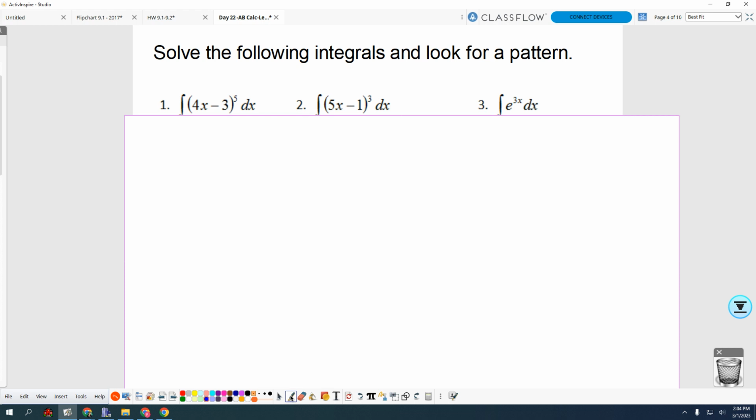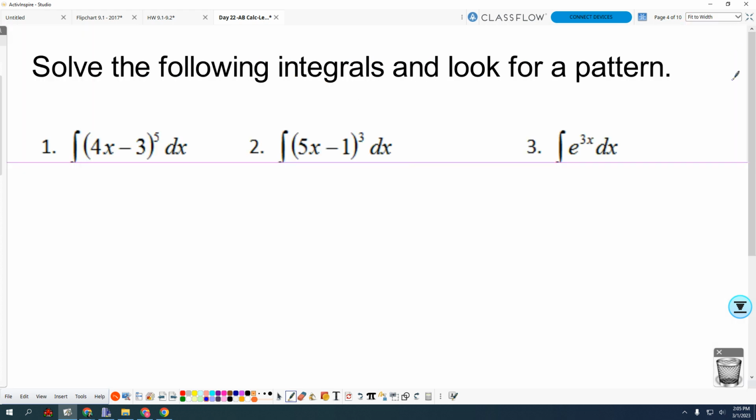So, guys, I would like you to do these problems. Integrate them. These are to the 5th, to the 3rd, and that's 3x. So try those. Oh wait, that thing I've been doing yesterday.